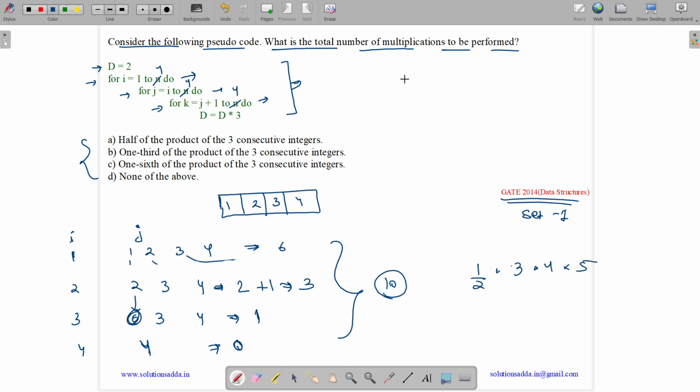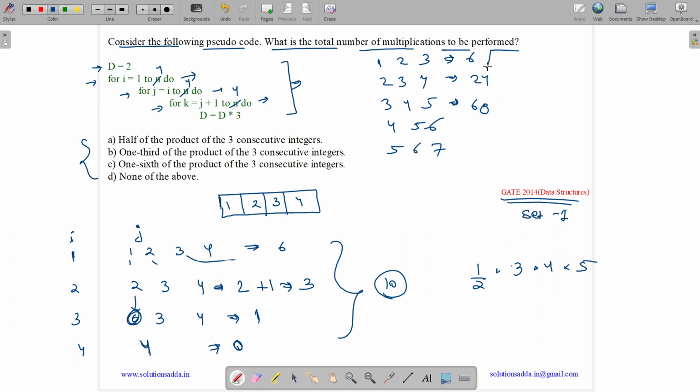Or let us suppose, 2, 3, 4 is consecutive, 3, 4, 5, 4, 5, 6, 5, 6, 7, and all are divided by 2. So these are the multiplications: 4 into 3, 12, into 2, 24. We can also have 1, 2, 3, so 3 into 2, 6. Then we have 5 into 4, 20, 20 into 3, 60.